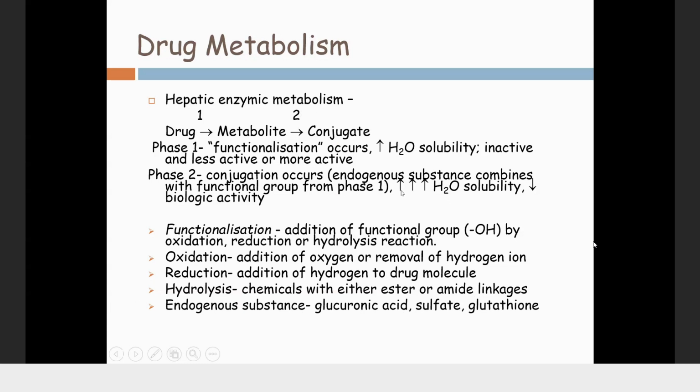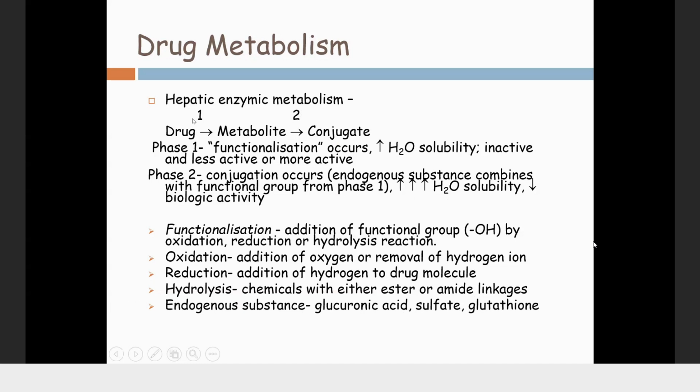You see the 3 arrows; this is only 1 arrow, this is 3. A 3 times increase in water solubility of the product, and after undergoing the second phase, usually they will be inactive. Reduced biologic activity.